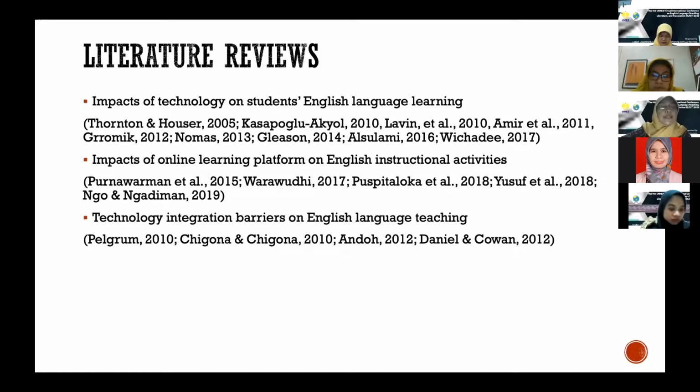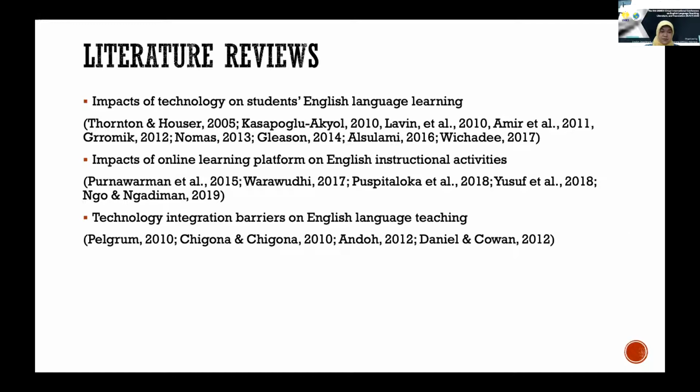The first is on the impacts of technology on students' English language learning. The second is on the impacts of online learning platforms on English instructional activities. The third focuses on technology integration barriers in English language teaching.